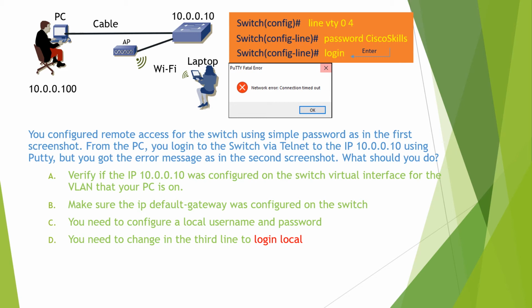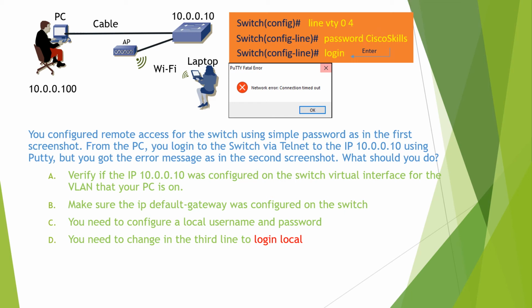First of all, we can confirm that this configuration will allow you to remotely access the switch via telnet using the simple password Cisco skills. And you don't need to change the third line to login local, because if you change it, it will require you to access the switch using a local username and password. Therefore you don't need to configure a local username and password, because all you need is just a simple password that you configure here, Cisco skills.